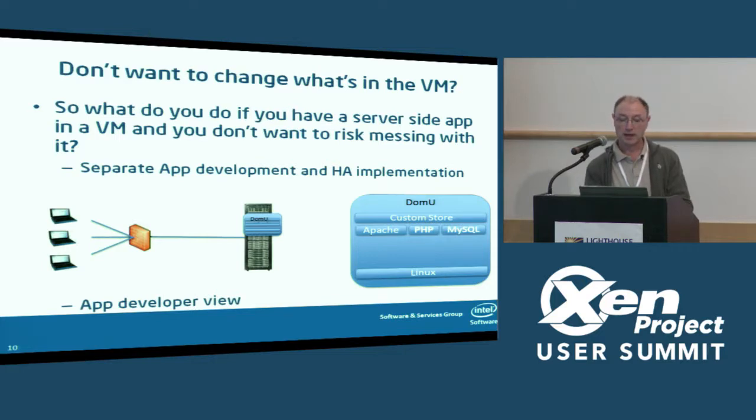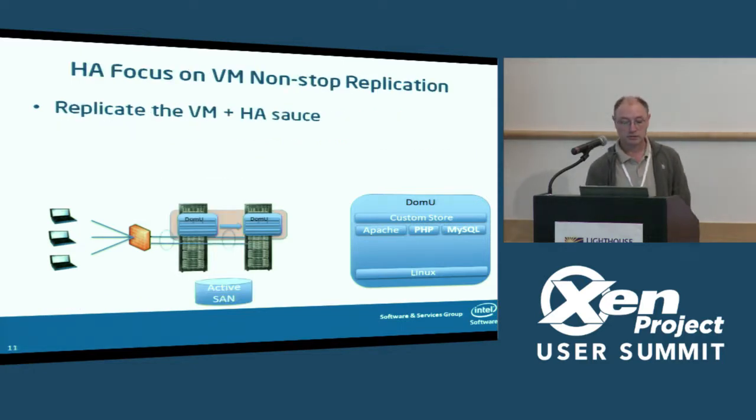So a way to work in that situation is to use some special sauce. Actually, I think I've got that on the next slide. But here we're trying to separate out the application development versus the HA so that they're not intermingled. So here we, again, replicate the servers, the network.